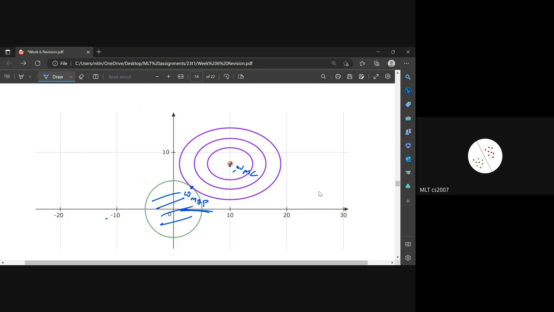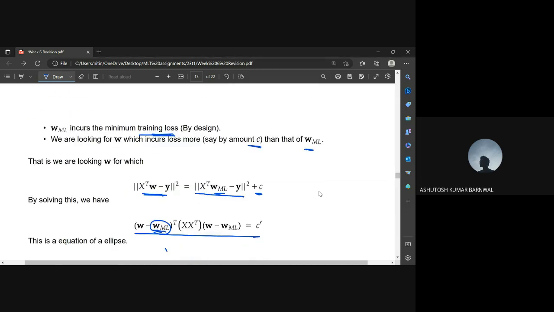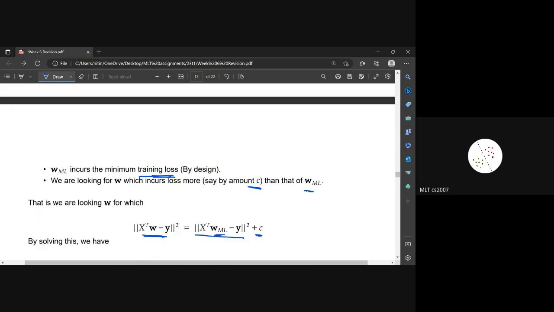Can you just scroll up? Sorry. Now, sir, why did you say we are looking for loss more than WML? This WML will suffer the minimum loss, right?